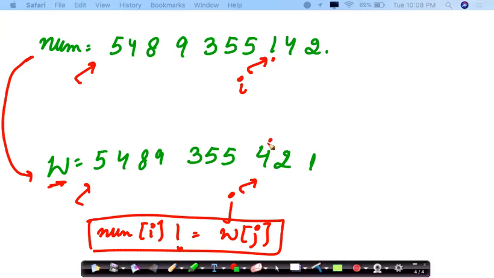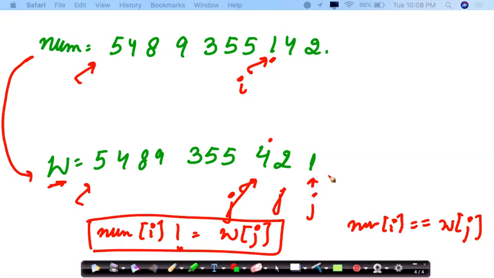For that, we'll keep on incrementing j until number of i is equal to wonderful integer of j. For now, we have 1 and 4. They are not equal, so let's increment j. Are they equal now? 1 and 2? No, they are still not equal. Let's increment our j further. So now the number of i is equal to the wonderful integer of j. We have found the same number.